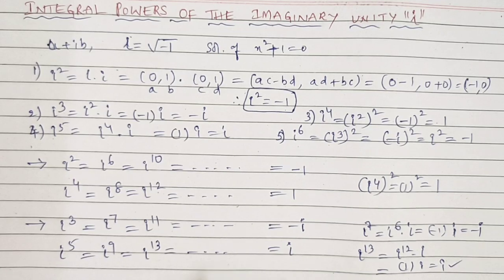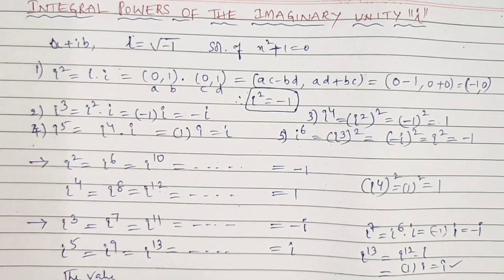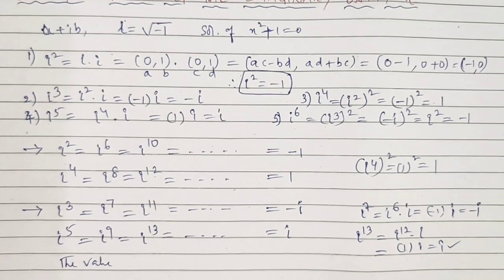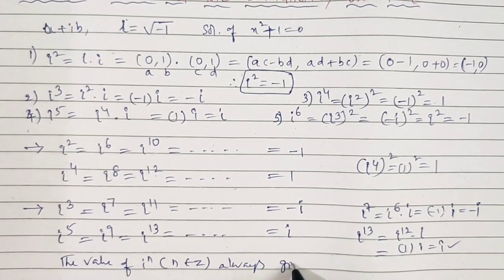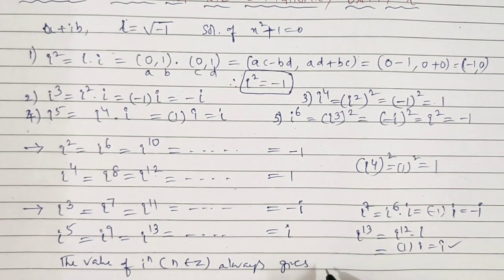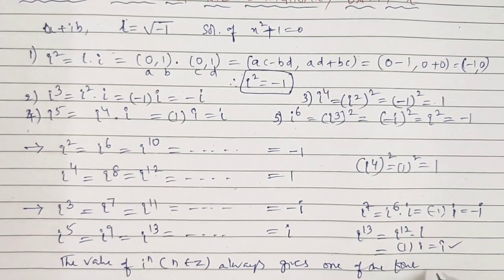So like this, the value of i power n, where n belongs to Z, always gives one of the 4 values, either 1 or minus 1 or i or minus i.